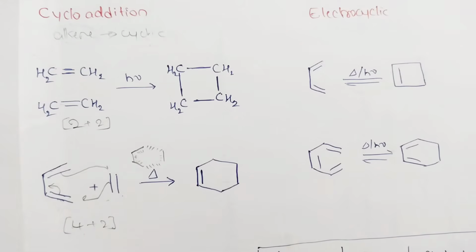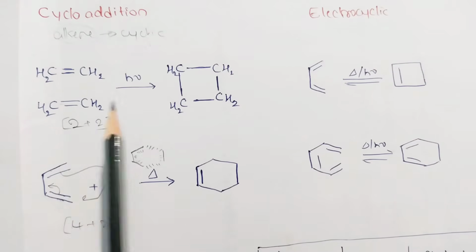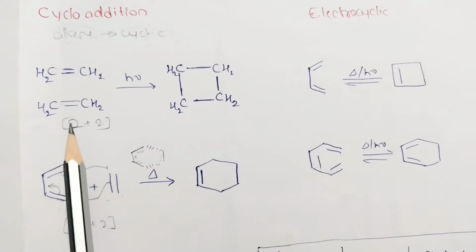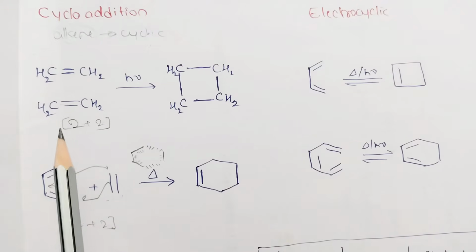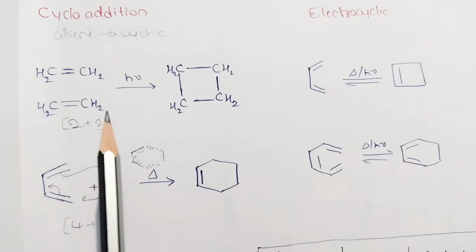These pericyclic reactions are based on frontier orbital theory. If the symmetries correlate, then only the reaction takes place, and it is called symmetry allowed. If the symmetry does not correlate, it is called symmetry forbidden, and reactions will not occur in a concerted way.